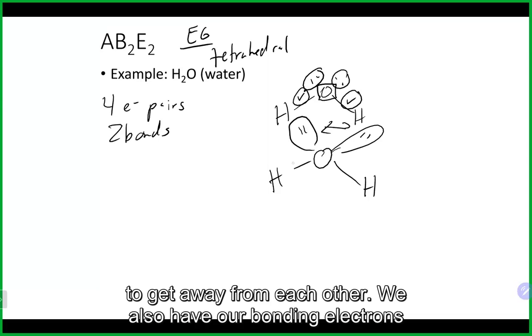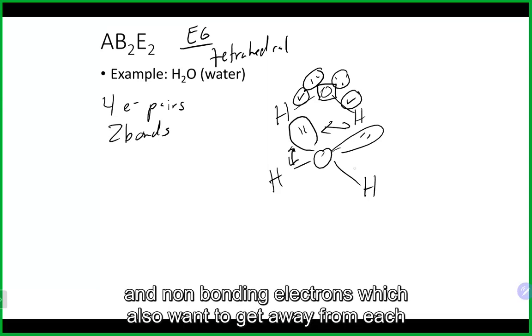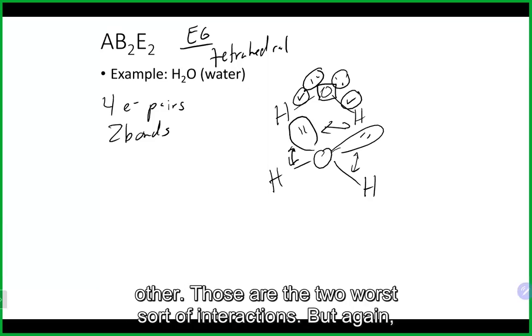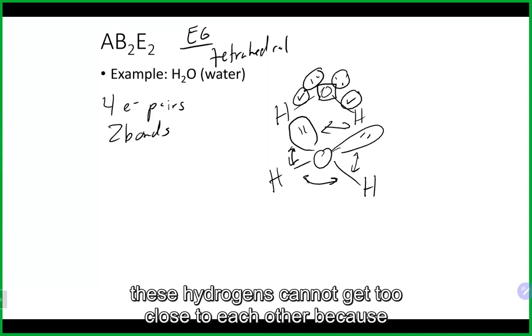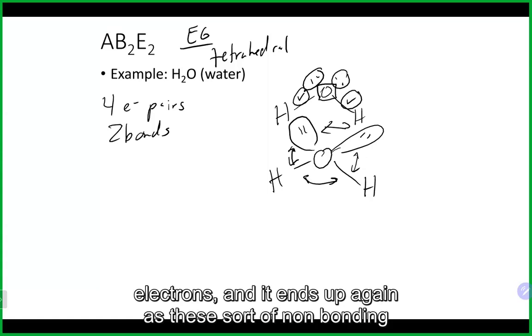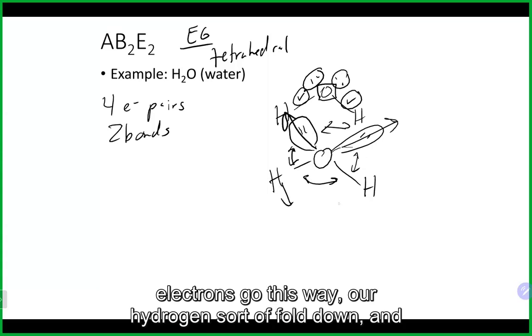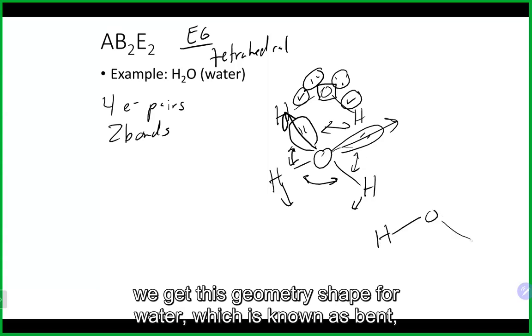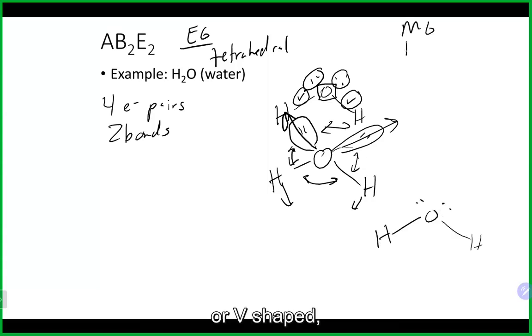We also have bonding electrons and non-bonding electrons, which also want to get away from each other. Those are the 2 worst interactions. But these hydrogens cannot get too close to each other because there are still bonding electrons near bonding electrons. As the non-bonding electrons go this way, our hydrogens fold down, and we get this geometry shape for water, which is known as bent or V-shaped.